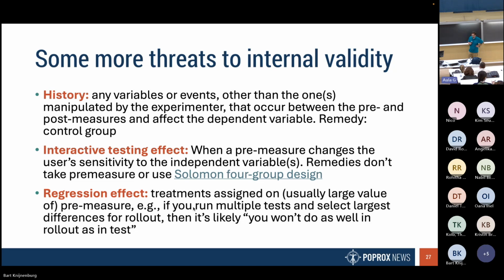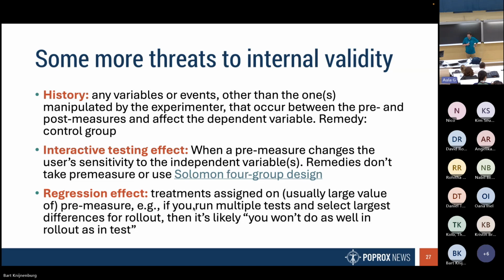All right. Finally, there's the regression effect. The regression effect is where you assign people, or you assign units, to groups based on a pre-measure. A classic saying is you won't do as well in rollout as you do in test.